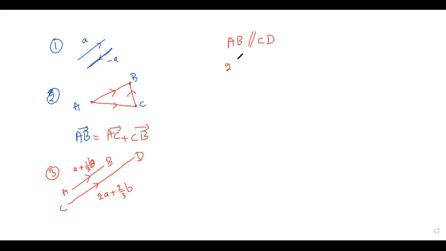If we multiply 2 times the vector AB, we get CD. If one is a multiple of the other, the two vectors are parallel.